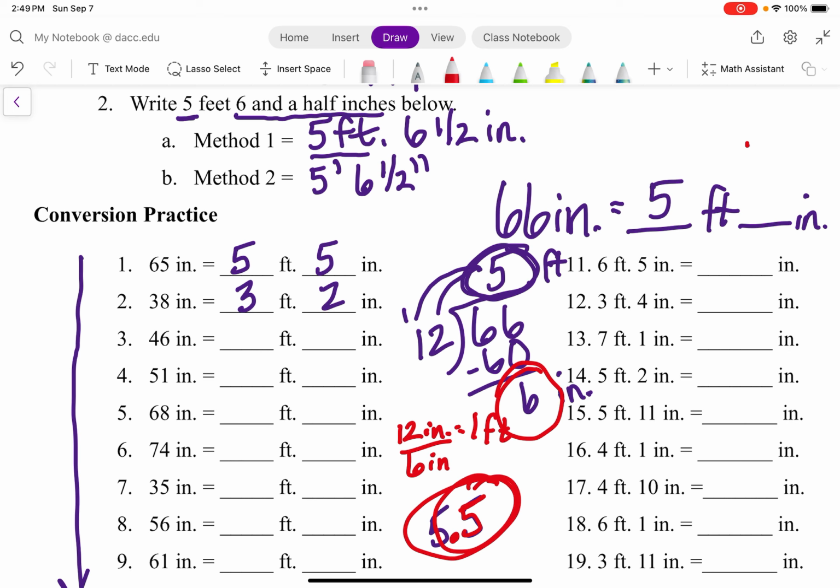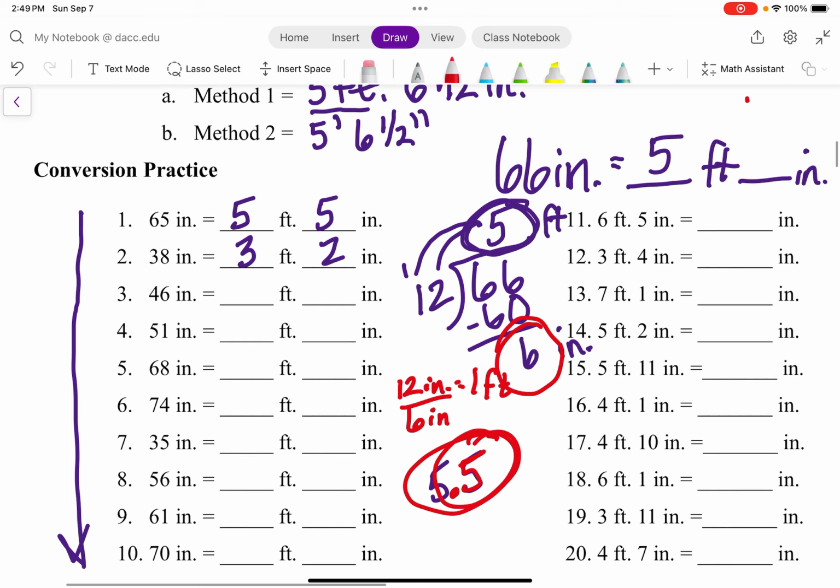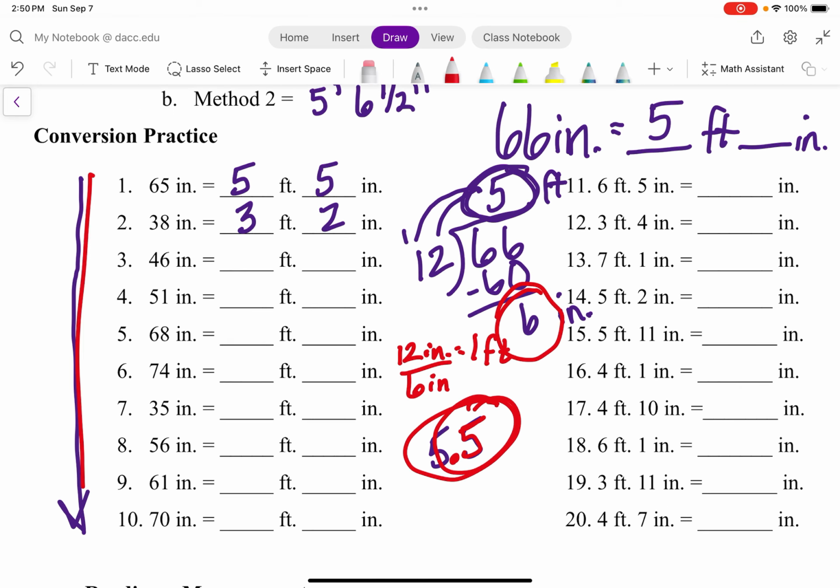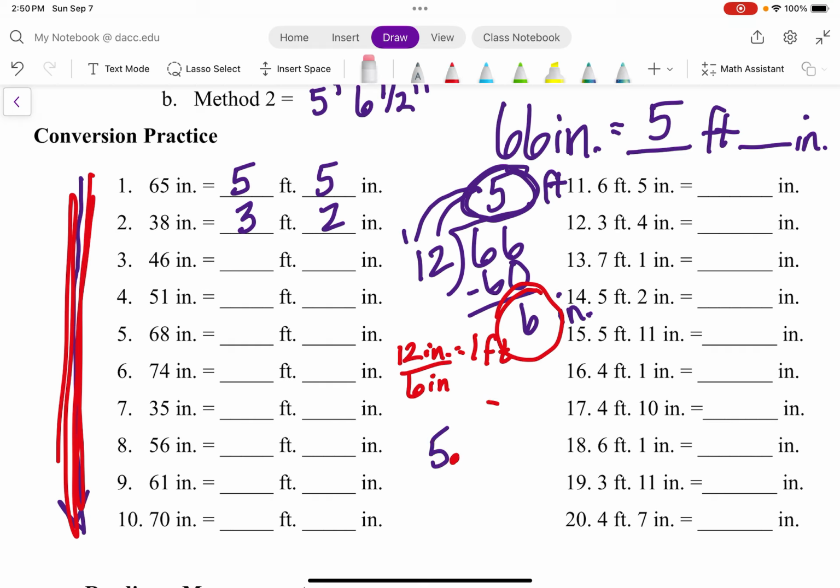So what I will tell you is when you have these types of questions right here, numbers 1 through 10, when it has the total number of inches, you do not want to use a calculator because they'll be incorrect. So whatever you're tempted to write is going to be wrong. The only thing that's going to be accurate is the number of feet that it gives you.